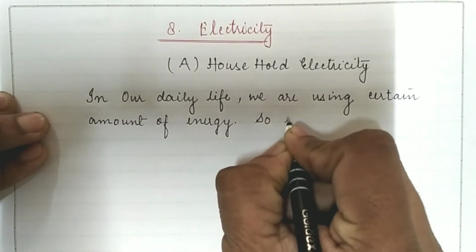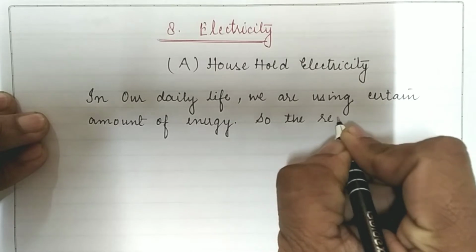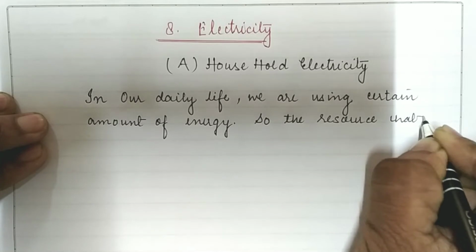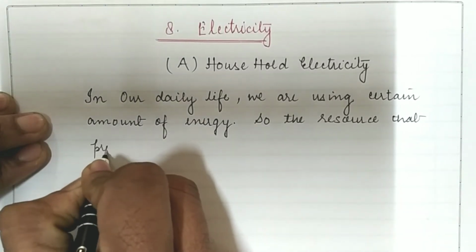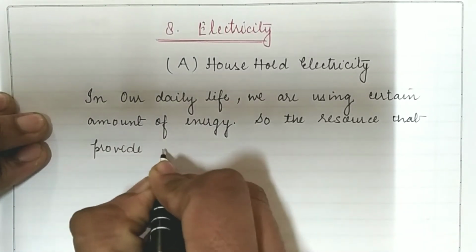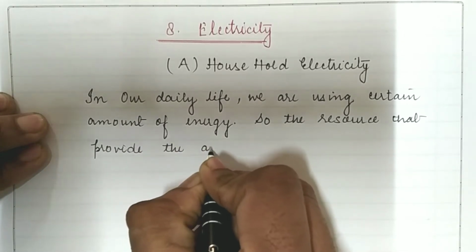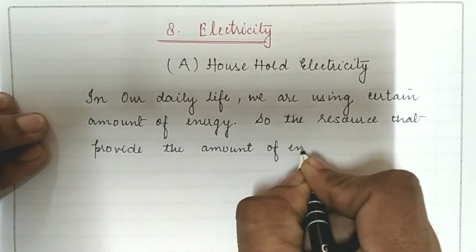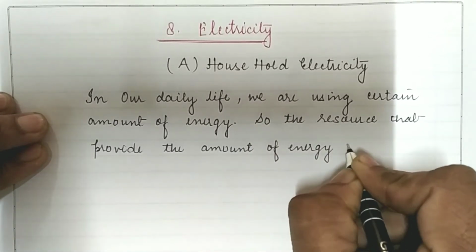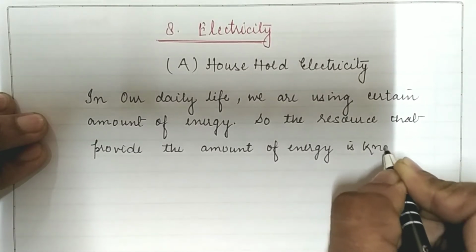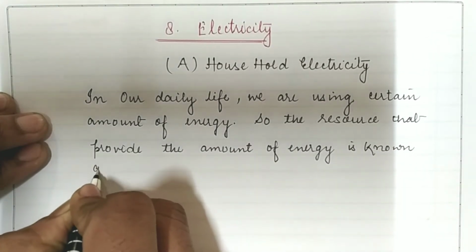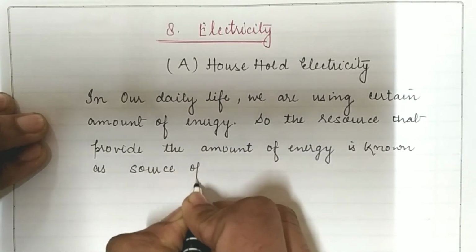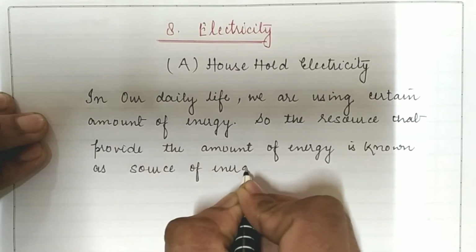So the resources that provide the amount of energy are known as the source of energy. It means the source from which we can get a certain amount of energy is said to be the source of energy.